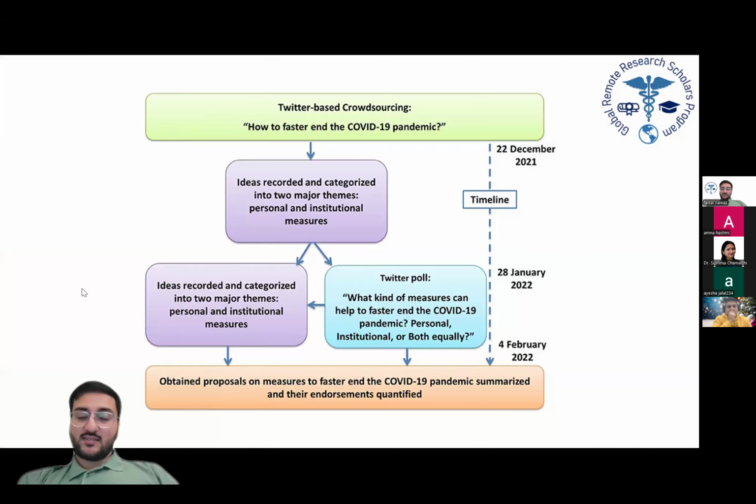And this is an example of a study we published on crowdsourcing. So how can we faster end the COVID-19 pandemic? And within a short timeline of 2 months, people commented, institutions also involved themselves in replying to that post on Twitter. And that was then written as a recommendations paper using this data. So that's crowdsourcing.